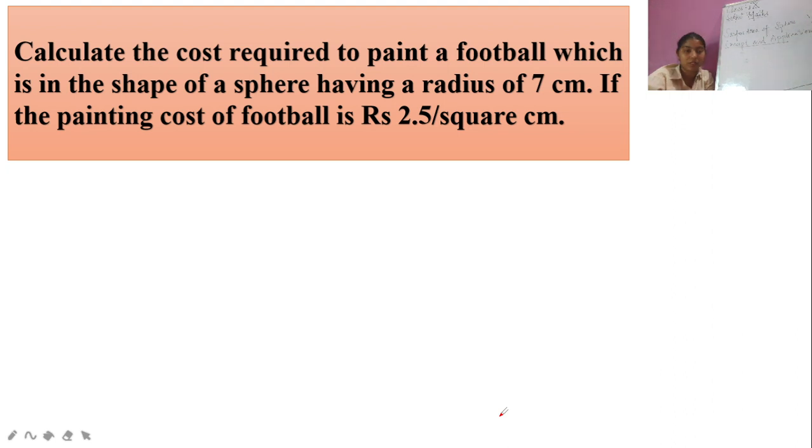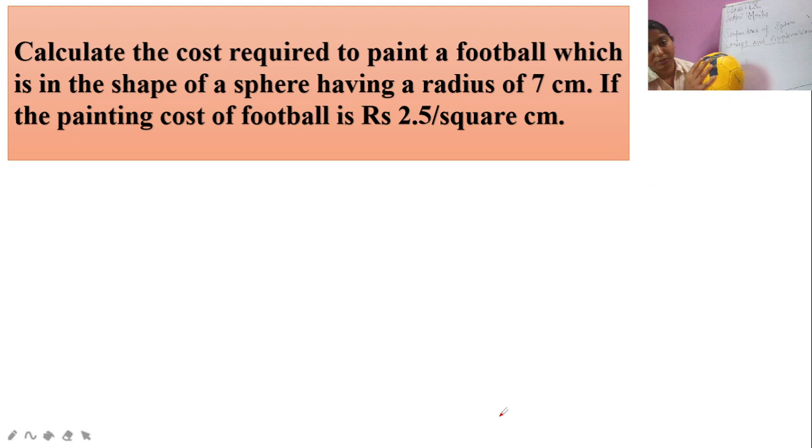You have to calculate the cost required to paint a football which is in the shape of a sphere having a radius of 7 centimeter, if the painting cost of the football is rupees 2.5 per square centimeter, right? So here we have a football, and you have to find the cost of paint for the football. The cost is given to you, that is 2.5 per square centimeter.